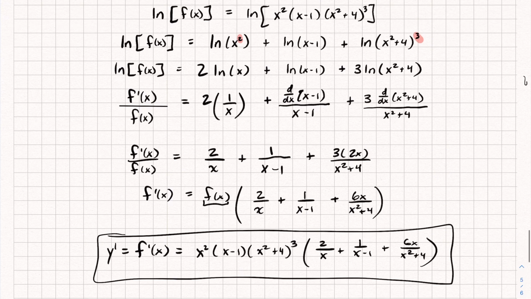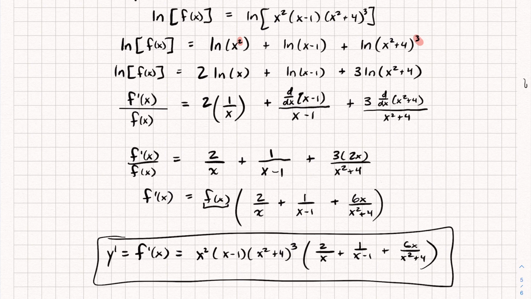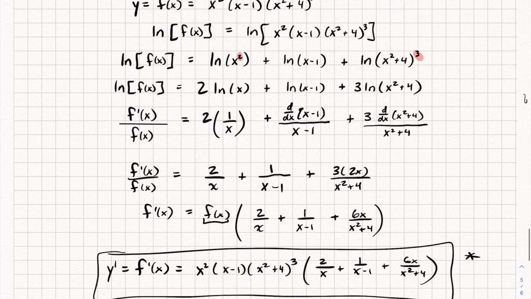And one thing just to highlight here is you may look at this and say, this was gross. Why not skip over logarithmic differentiation and just derive what the original function was? Well, if this is what the logarithmic looks like, and I'm telling you this is one of the most efficient ways to do it, if you were just to derive this as is, it's going to look way grosser than this one ever would.